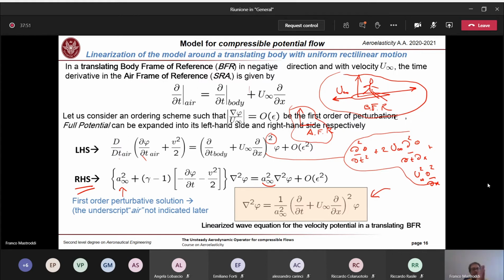So we have concluded the first part of the velocity potential formulation.